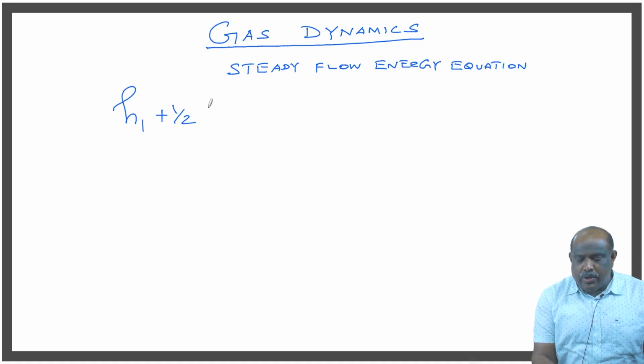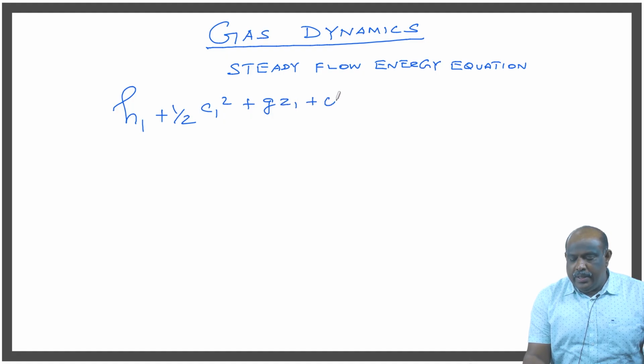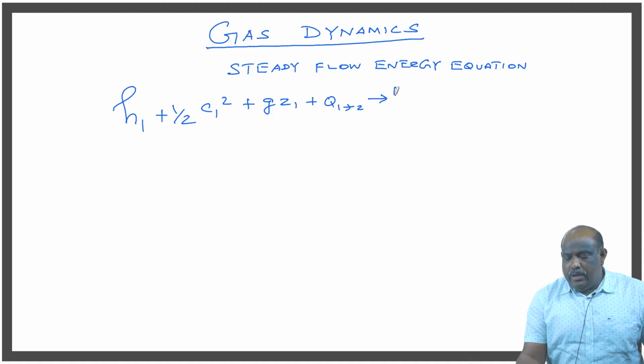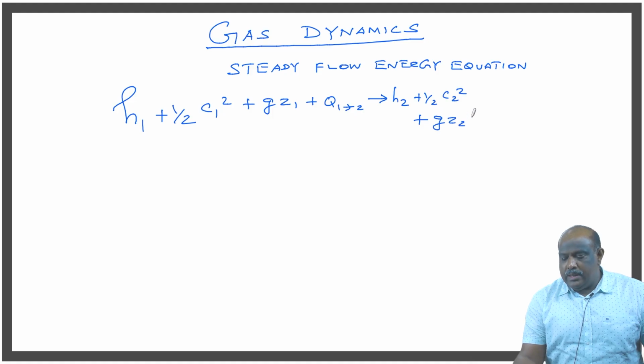h1 plus half c1 squared plus g z1 plus q12 is equal to h2 plus half c2 squared plus g z2 plus w12.